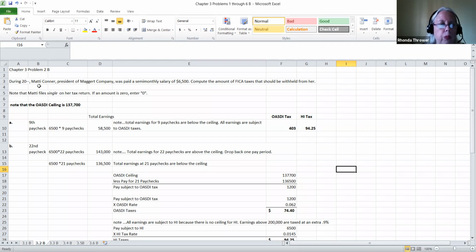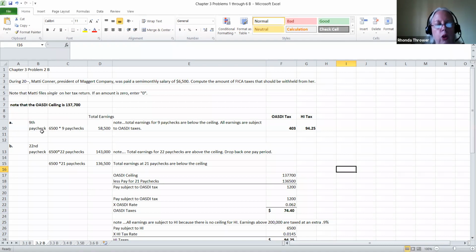So this problem is made up of three separate parts. The first one, part A, they want you to calculate what the ninth paycheck would mean for this company when they're paying OASDI or HI taxes.